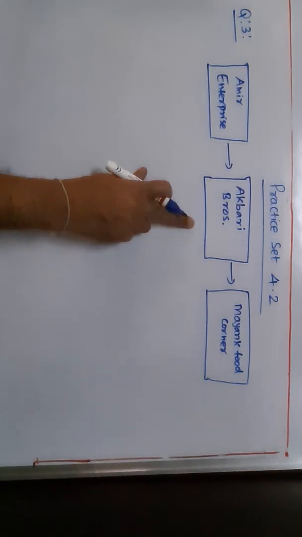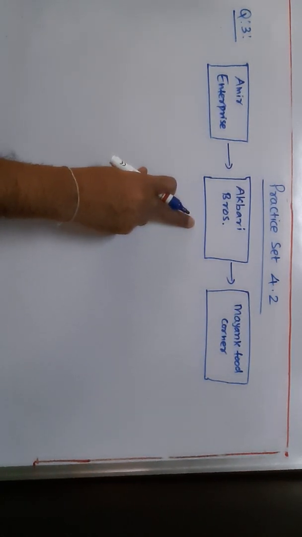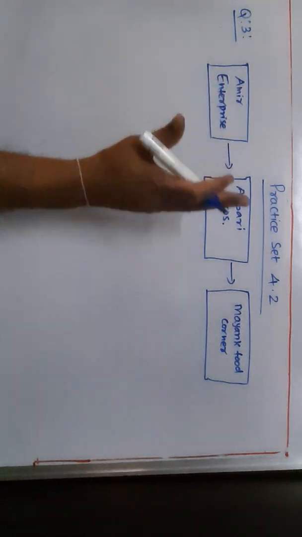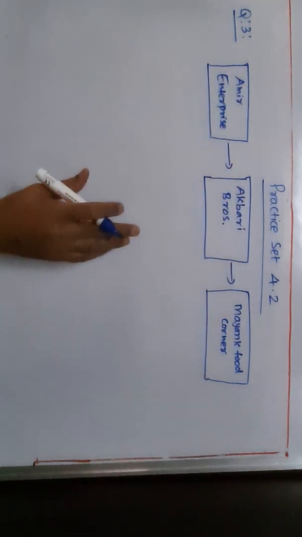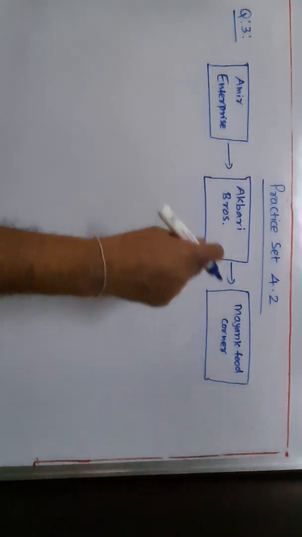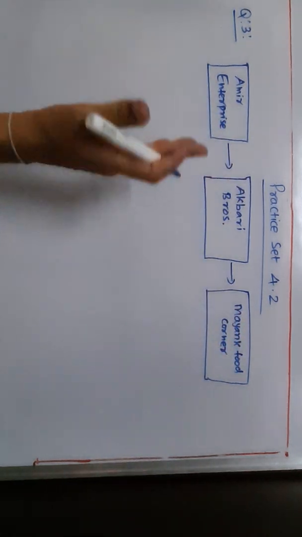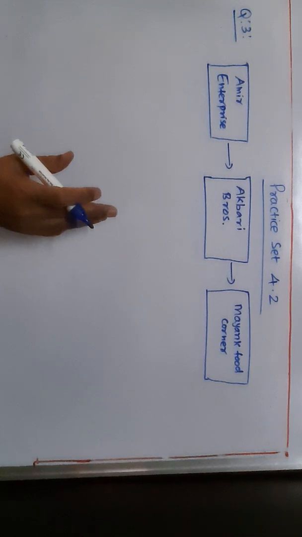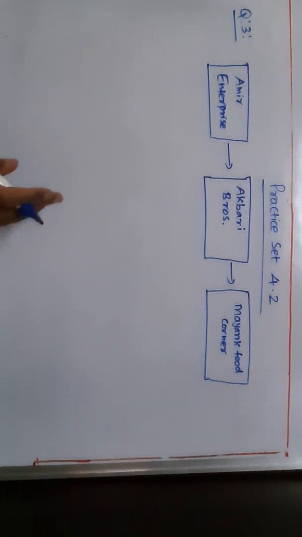Mayank Food Corner paid GST to Akbari Brothers. Find the amount of GST payable at every stage of trading, and hence find the payable CGST and SGST. So at every step we have to find the GST payable by Amir Enterprise, Akbari Brothers, and Mayank Food Corner, and also the amount of CGST and SGST.